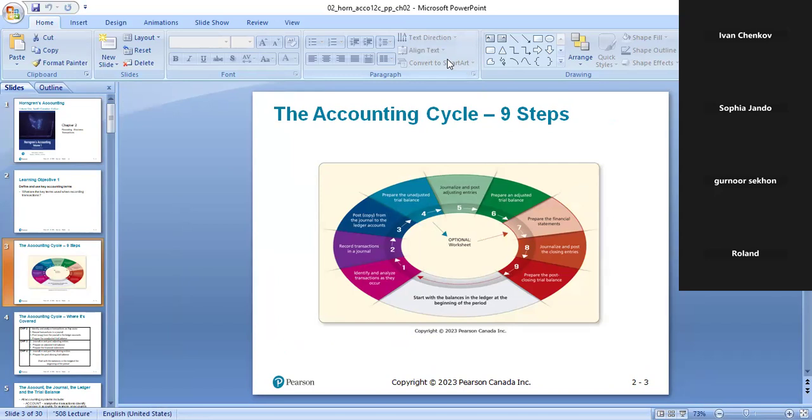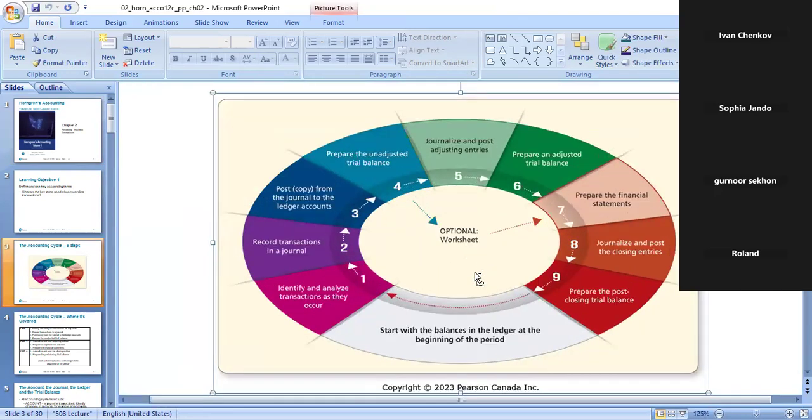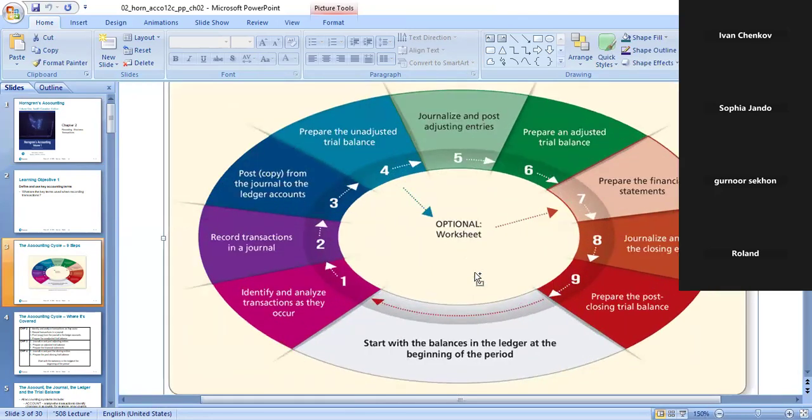What we learned last time was about the accounting cycle, the different steps in the accounting cycle. First, the company starts operations. Then from the documentation, we identify whether this transaction or event affects the company.